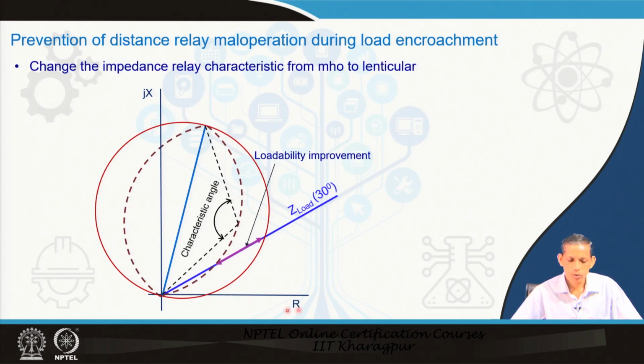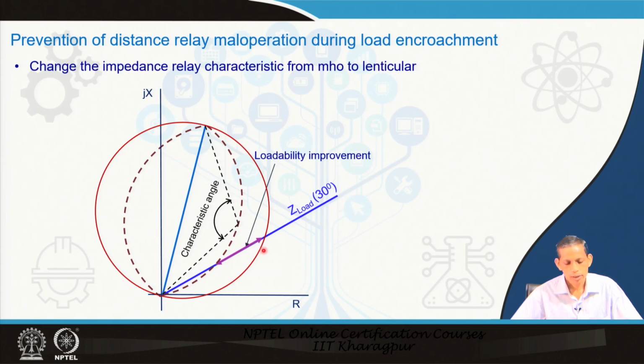So, if the load pattern happens to be in this area, then instead of the circular, if you make the characteristic lenticular for the relay where we expect the load encroachment problem, then we have a gain in this situation.